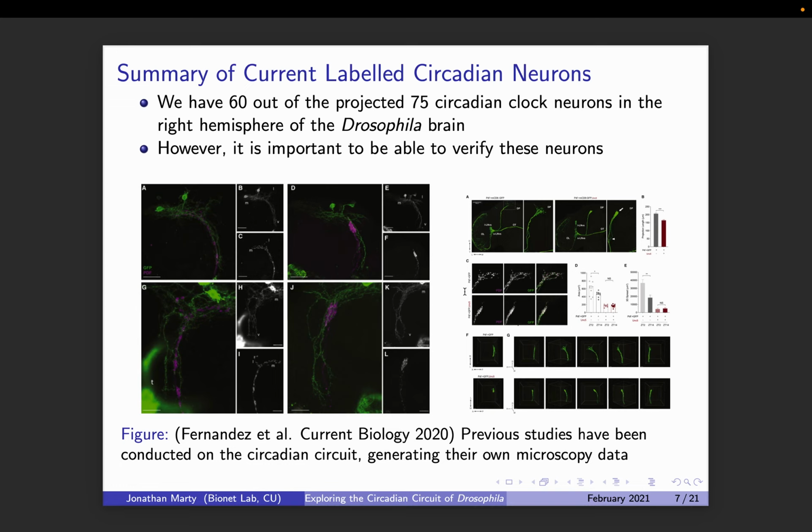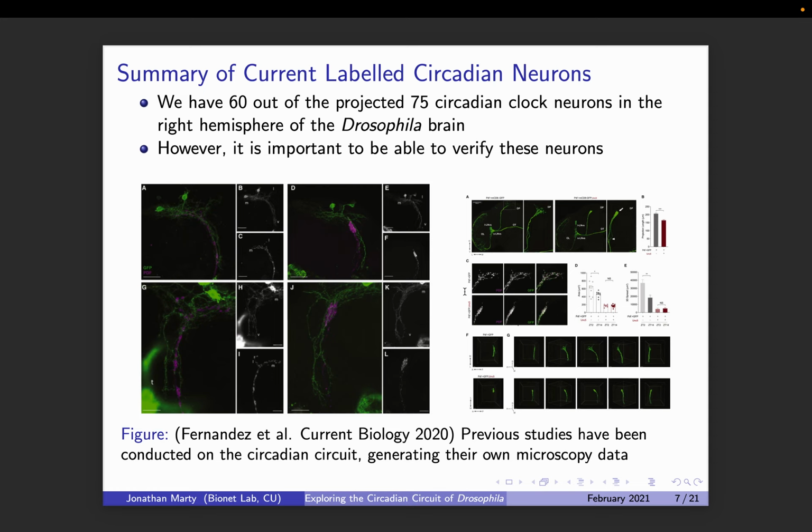So if we want to be able to say, oh, this neuron in the HemiBrain dataset had this function in this other study, we'd better be sure that the labels these studies give to these neurons actually correspond to the other neurons, right? Just to make sure that we're not putting the wrong functionality in the wrong places.